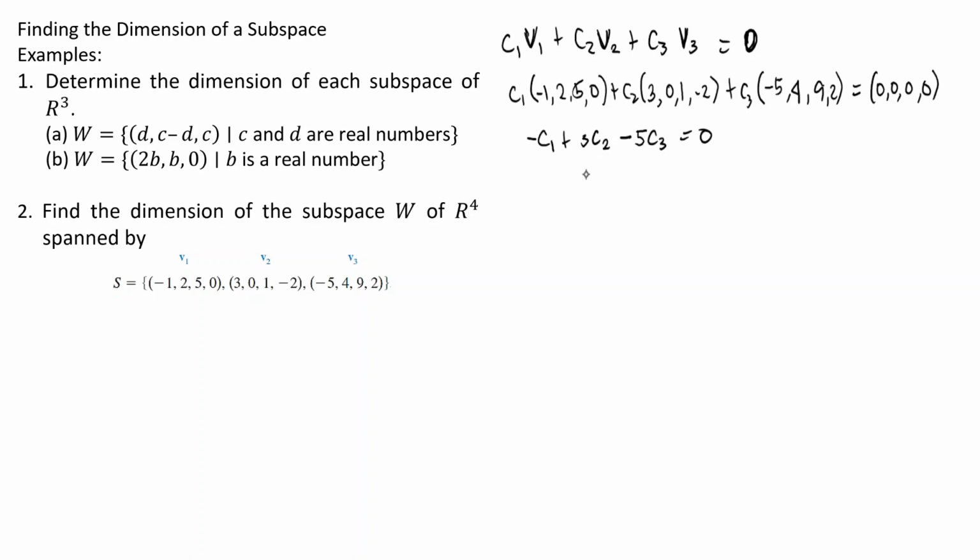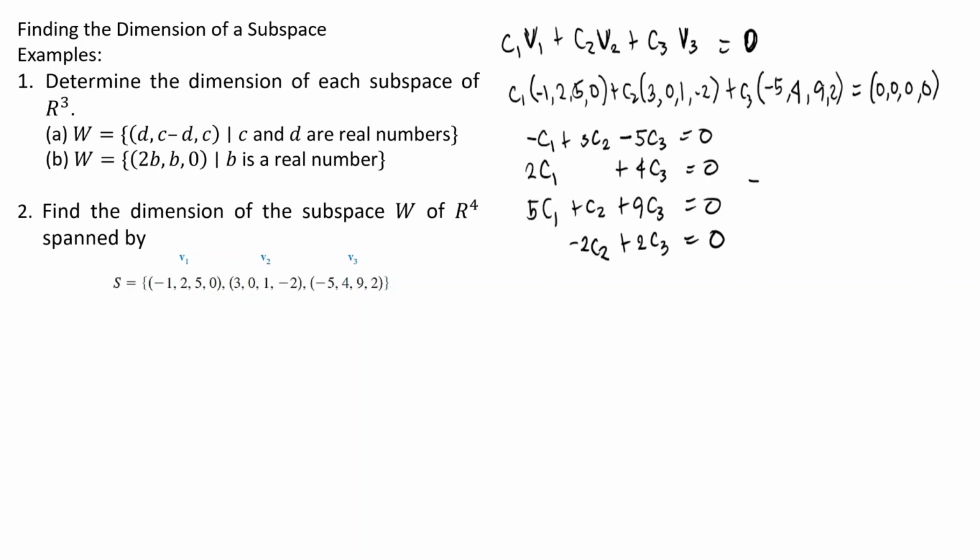And then another one, we have 2 C1 plus 4 C3 equals 0. Then 5 C1 plus C2 plus 9 C3 equals 0. And lastly, we have negative 2 C2 plus 2 C3 equals 0.